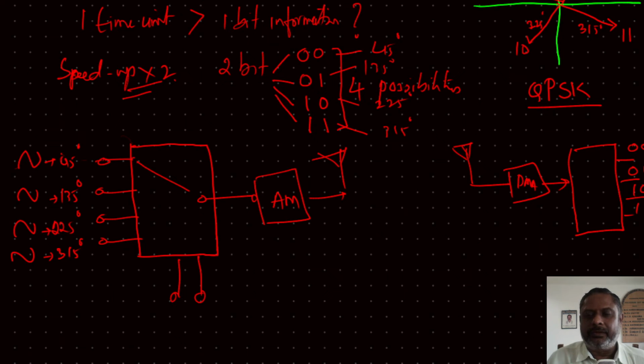So this logic is just looking at what is the phase shift. If you get 45, it sends 0 0 as output. If it is 135, it sends 0 1 as output. If it is 225, it sends 1 0 as output, and if it is 315, it sends 1 1 as output.